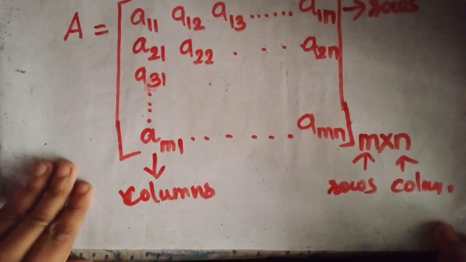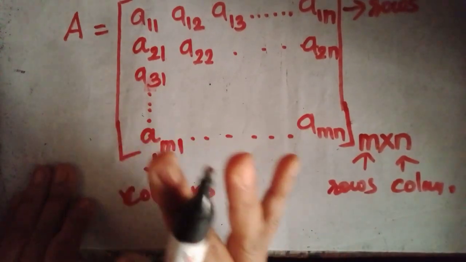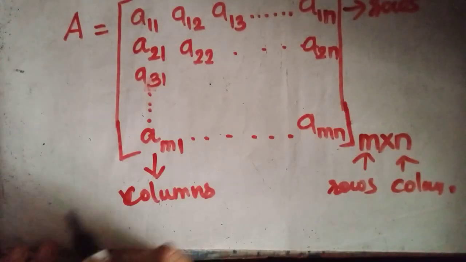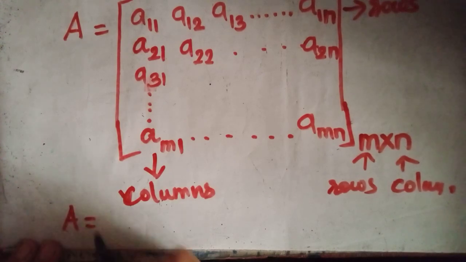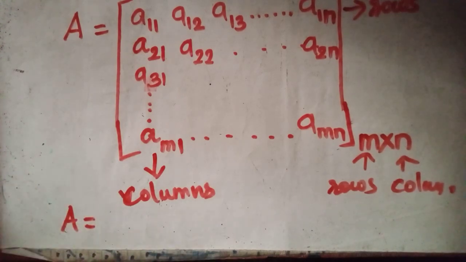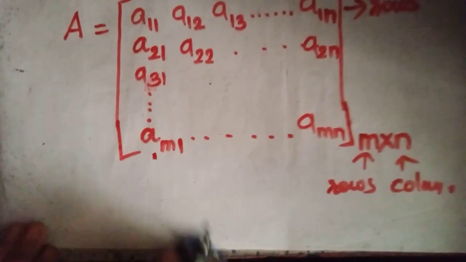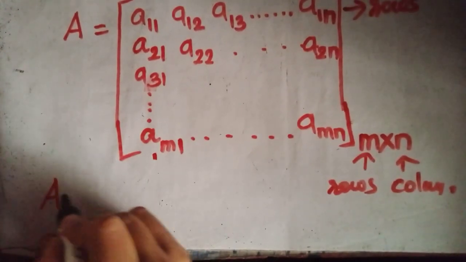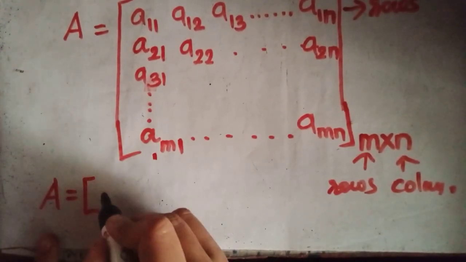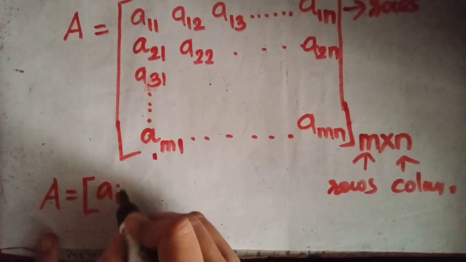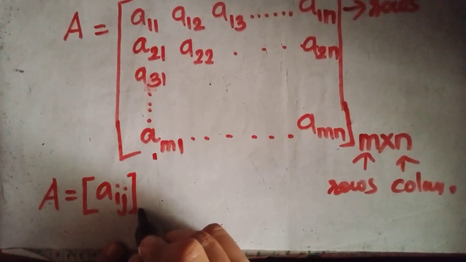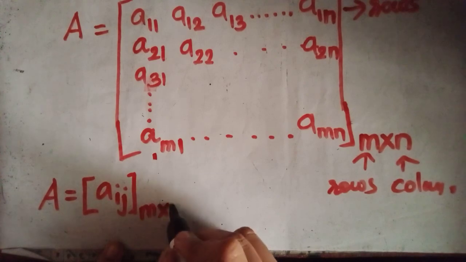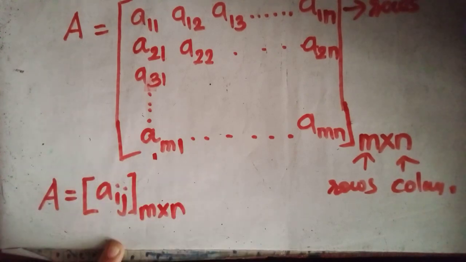Now if you want to represent this matrix without the box, you can write A equal to Aij, where the order of the matrix is m cross n.